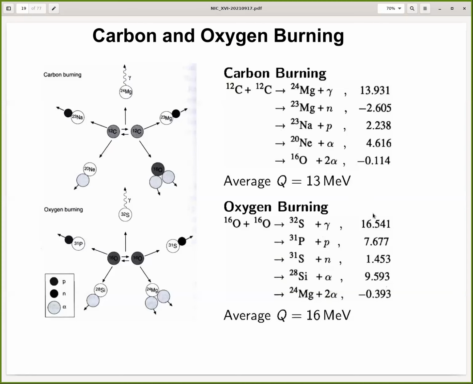So now the other question is, what's the timescale? Because when you really look at that, we have 24 atomic mass units and make 13 MeV. So that gives of the order of 0.5 MeV per nucleon. That's not too different from the 0.6 MeV per nucleon that we had from helium burning, but yet the timescale was 1,000 times shorter.